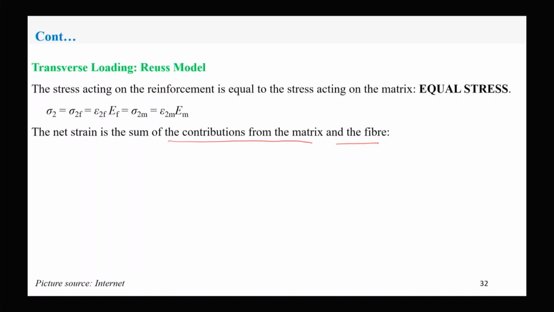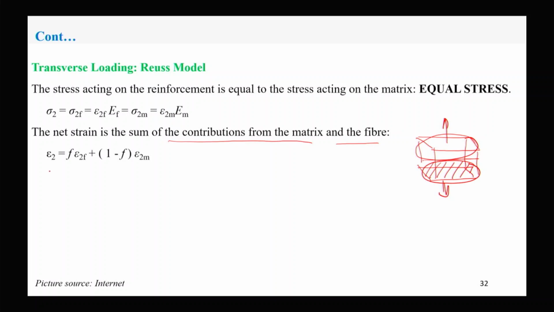So that's true here. Because when we apply the load, suppose this is a fiber and here is a matrix system, and when we apply load in transverse direction, the total strain will be the strain of the matrix plus strain of the fiber.